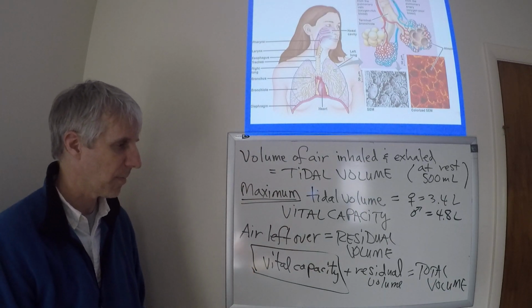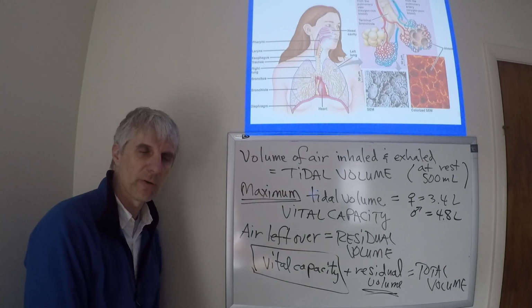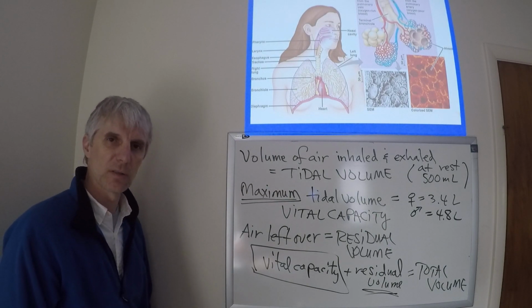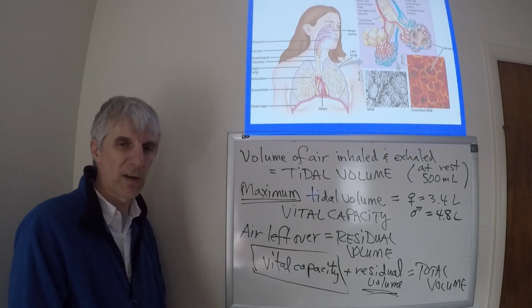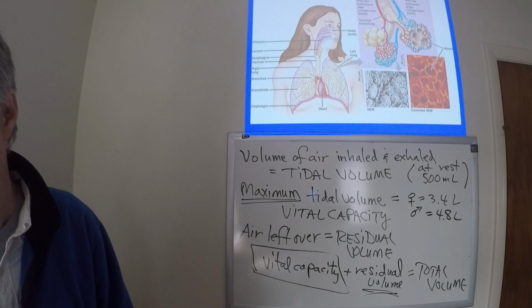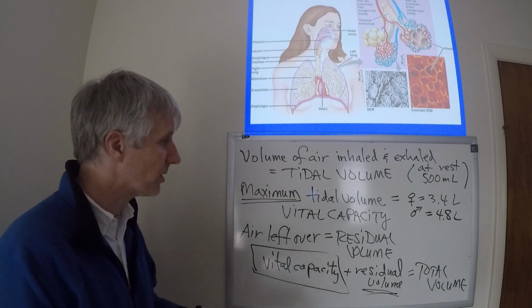That's the maximum amount that you can move in and out. There's always some left over. If you removed all the air from the lungs, you'd have a big vacuum in your lungs and everything would collapse on itself, despite all those cartilage rings. Okay? All right. Let's go ahead and move to the birds now.